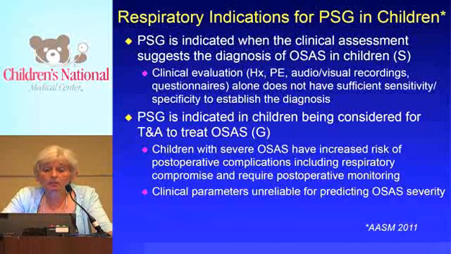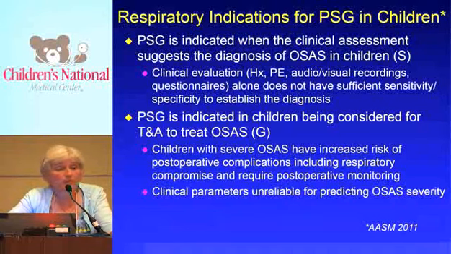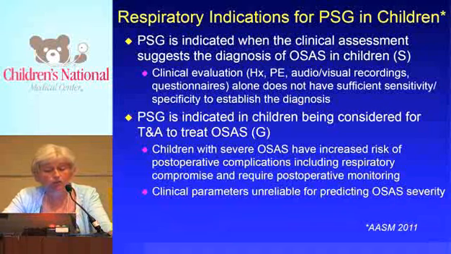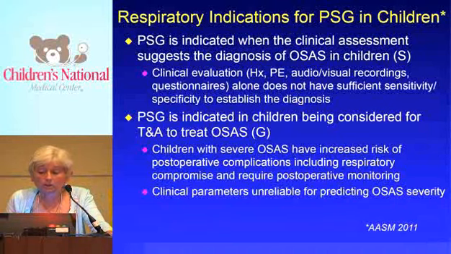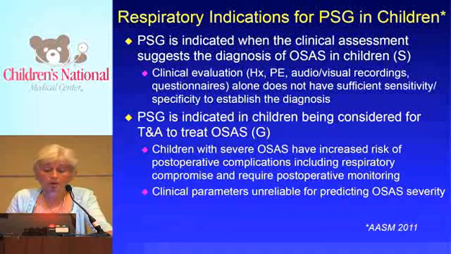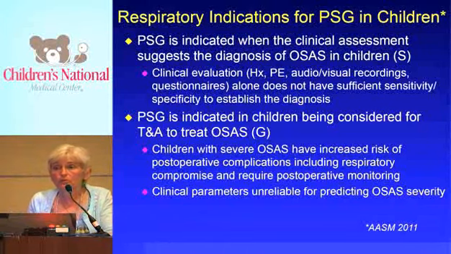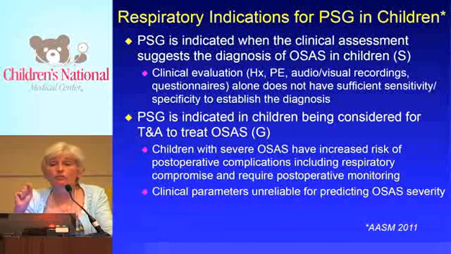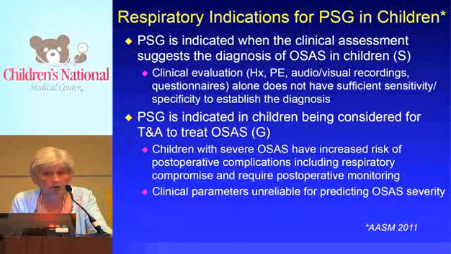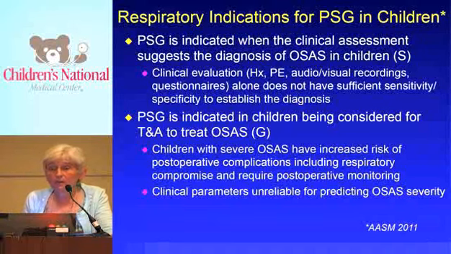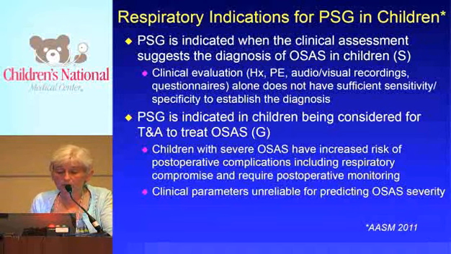So the recommendations are: PSG is indicated when the clinical assessment suggests the diagnosis of OSA in children. In other words, clinical evaluation, history, physical, audio-visual recordings do not have sufficient sensitivity and specificity to establish the diagnosis. And you should have a combination of those clinical factors and PSG results in order to make the diagnosis.